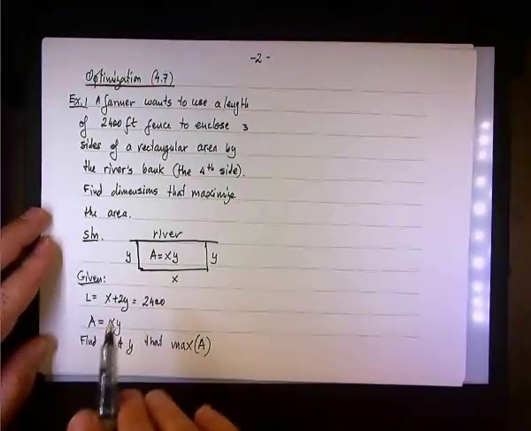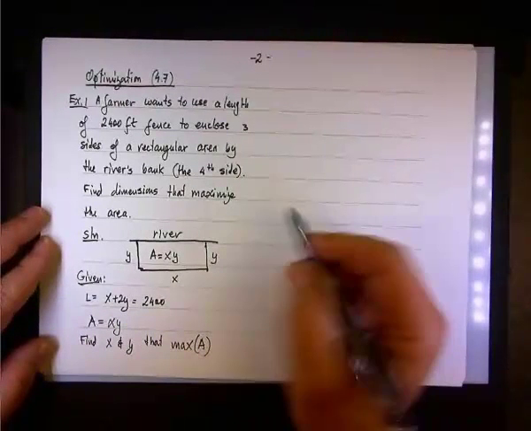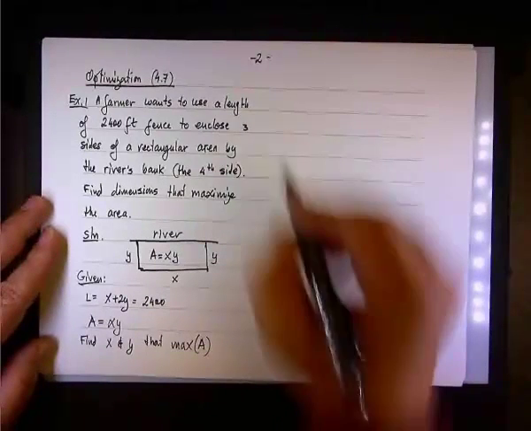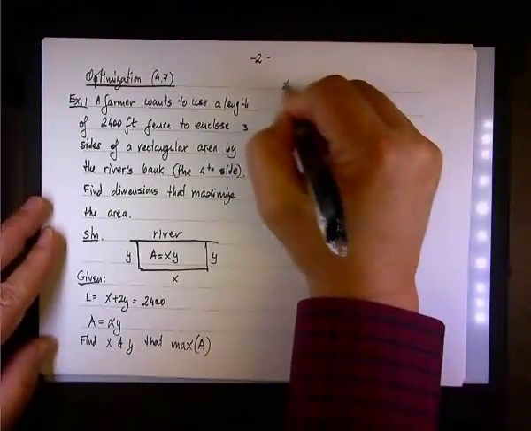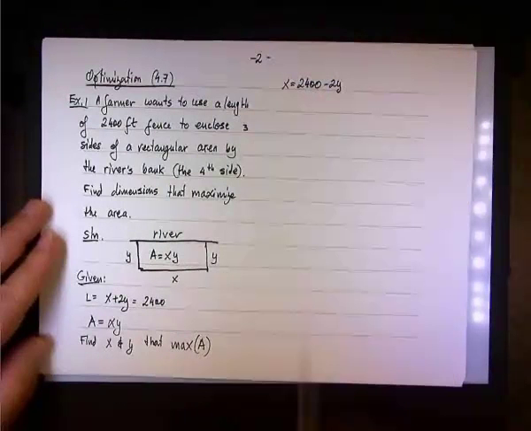So if x plus 2y equals 2,400, then we can extract x and say, you know what, x equals 2,400 minus 2y.